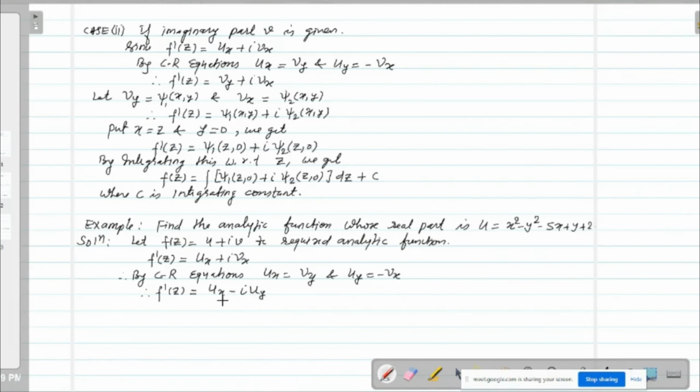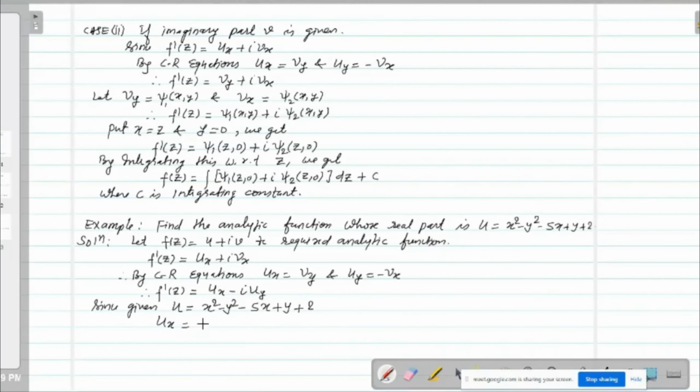So here we first find ux and uy. Since given u is equal to x square minus y square minus 5x plus y plus 2, just verify your function. Find the partial derivative with respect to x.